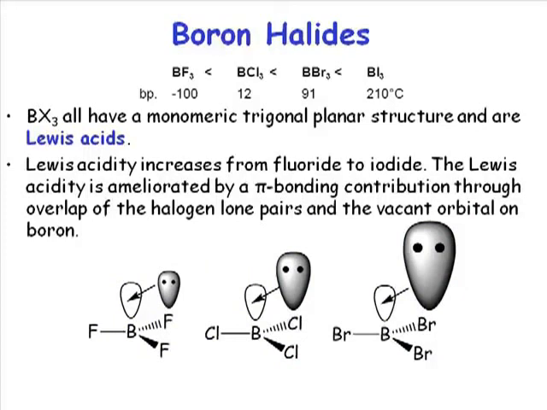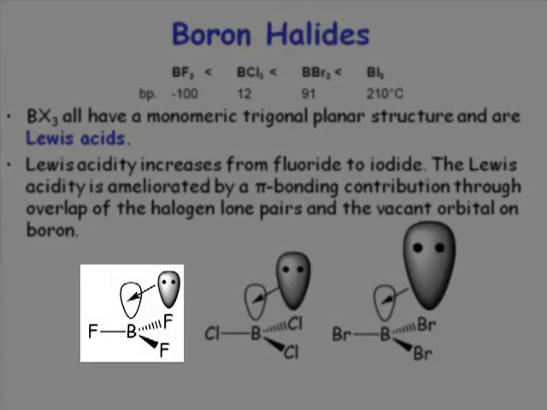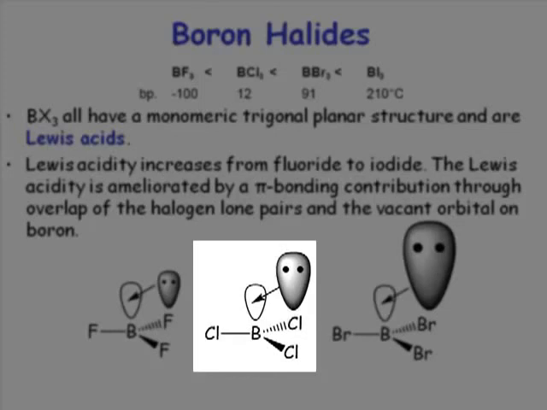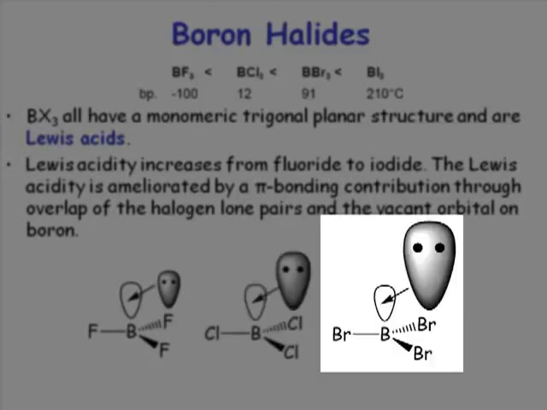Whereas boron's not getting larger. Boron is the same size in all of these compounds. So the efficiency of the overlap is greater in the case of boron and fluorine than it is in the case of boron and chlorine than it is in the case of boron and bromine.